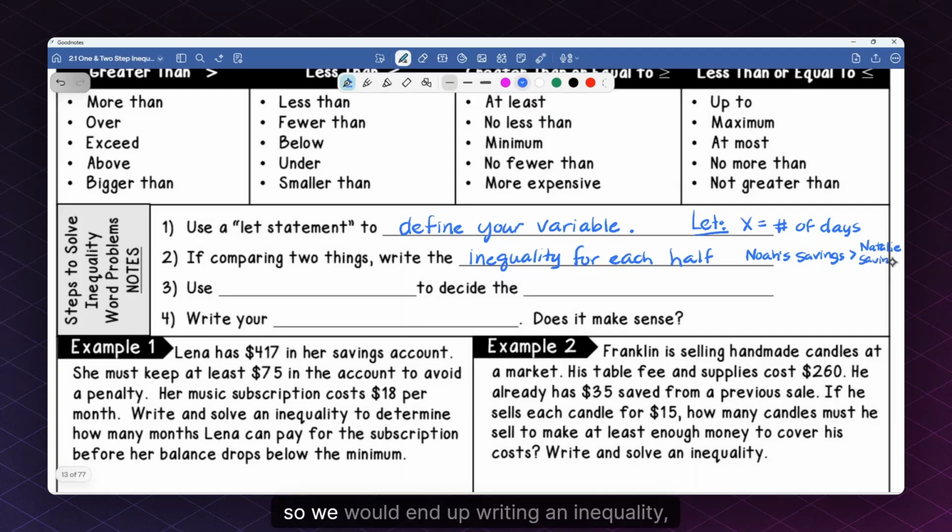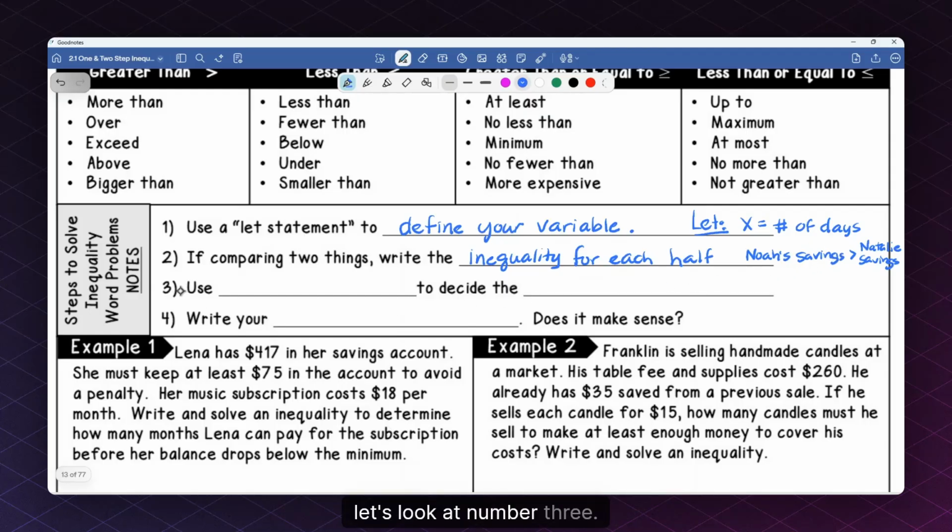So we would end up writing an expression for how Noah is saving his money, and then an expression for how Natalie is saving her money, and then we would compare those two with our sign. I know that may be gibberish, but we'll come back to it with the examples.